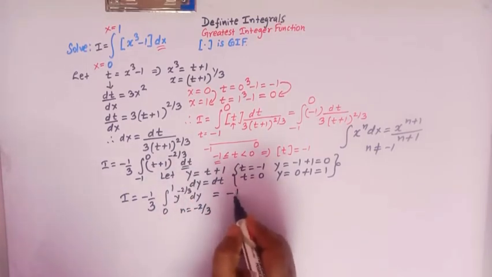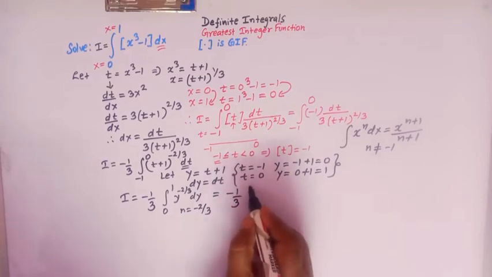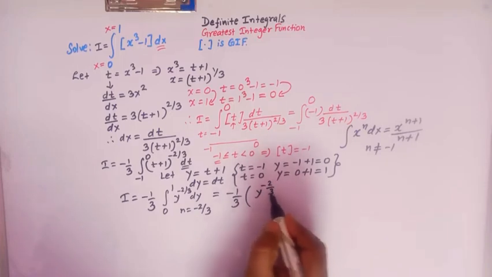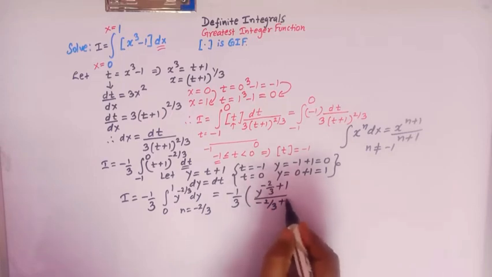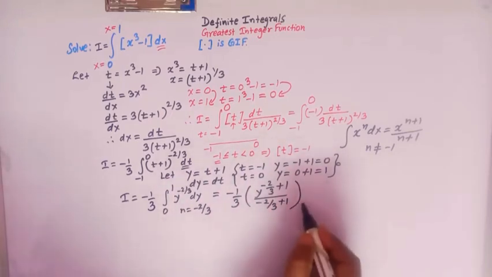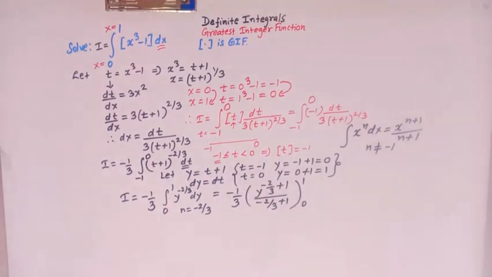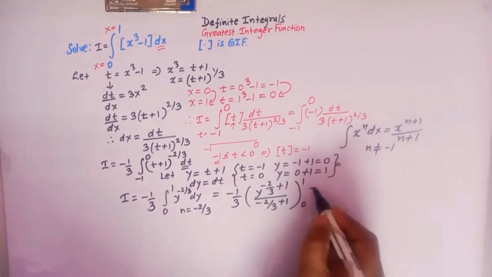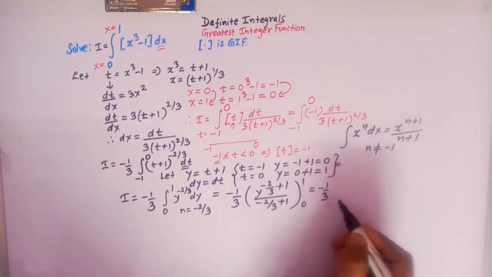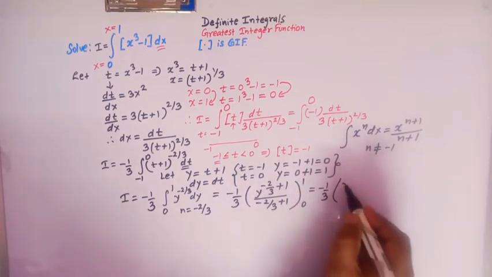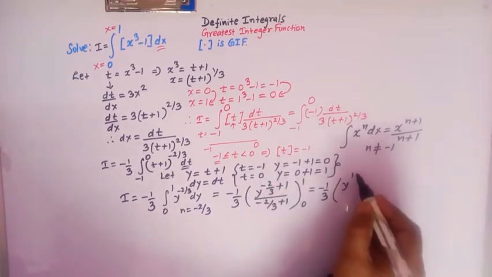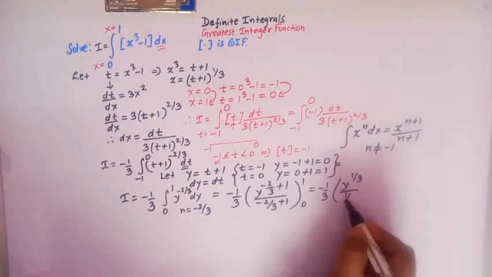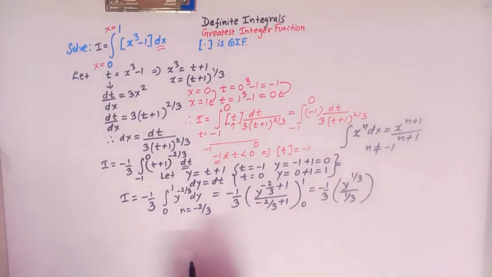So we have minus 1 over 3, and we have y raised to minus 2 over 3 plus 1 over minus 2 over 3 plus 1, with limits of integration from 0 to 1. Now we have minus 1 over 3, and y raised to minus 2 plus 3, that is 1 over 3, over 1 over 3.